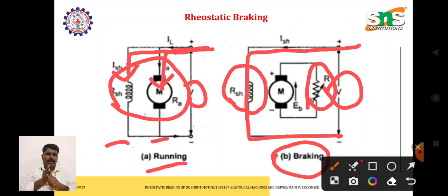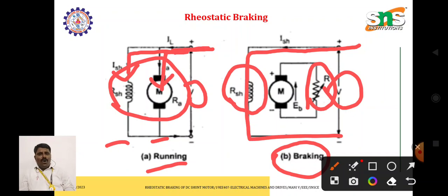And third, across the armature we have to insert a variable resistance. In this case, the supply current enters only the field winding, and the motor acts as a generator. It generates electrical energy from the kinetic energy of the rotor.